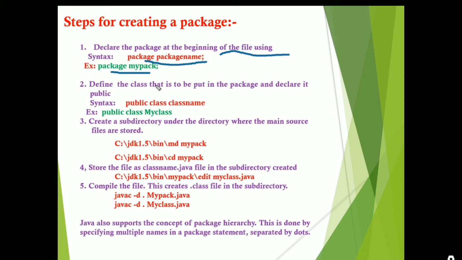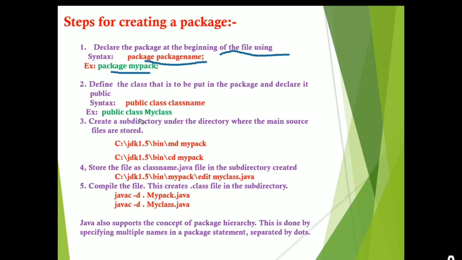Next, define the class that is to be put in the package, and that must be declared as public. The syntax is public class name, which is used to create the class that you need to put into the package you are creating. Here I am creating mypack, and here I am creating MyClass.